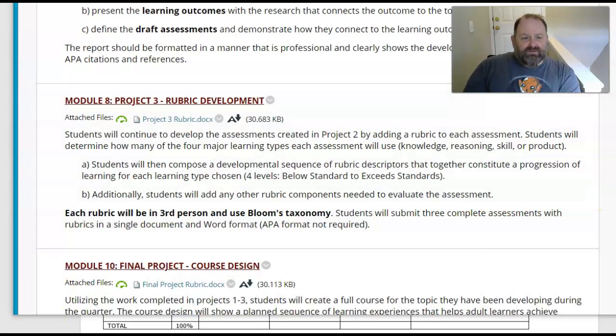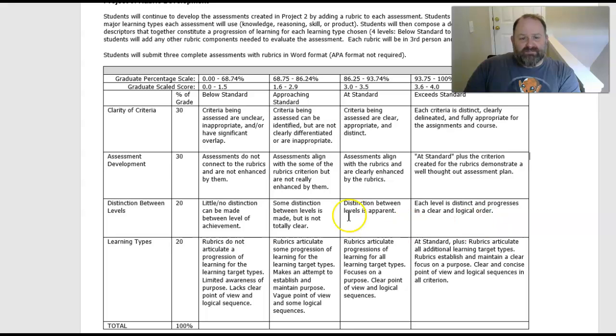So I want to give an example from the rubric actually for this assignment. Now you're looking at this rubric. The criteria for the rubric, that's the things across the top, need to be clear, make sense, and be appropriately distinct.